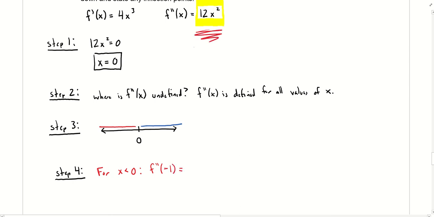So again, plugging it into here, 12 times x squared, that's going to be 12 times -1 squared. -1 squared is 1. So if we think about the sign of this, 12 is positive, -1 squared is positive. So we have a positive second derivative on this first interval.